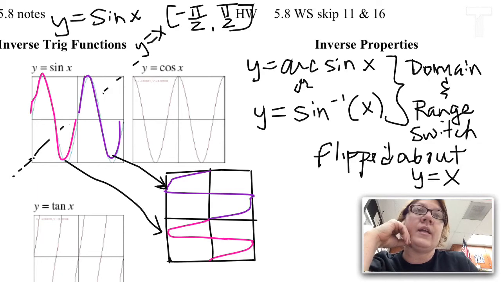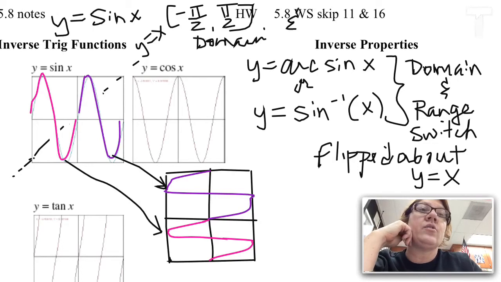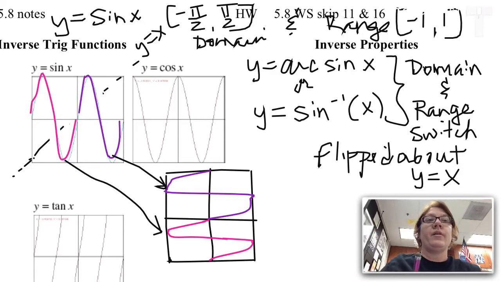And the range, so that was my domain, and the range went from -1 to 1. And so now these switch. So now my domain is -1 to 1, and my range is from negative pi over 2 to pi over 2.